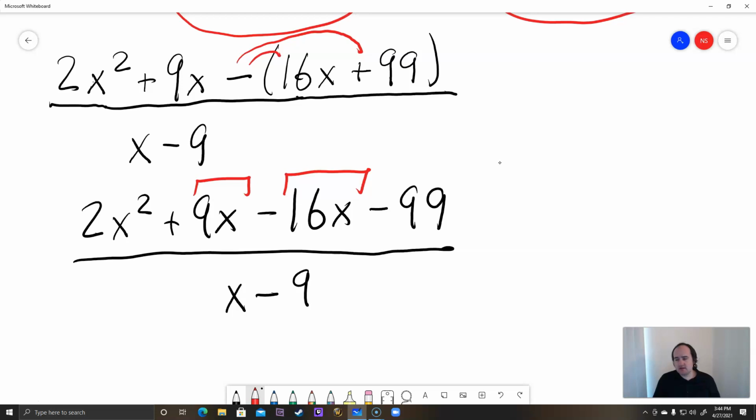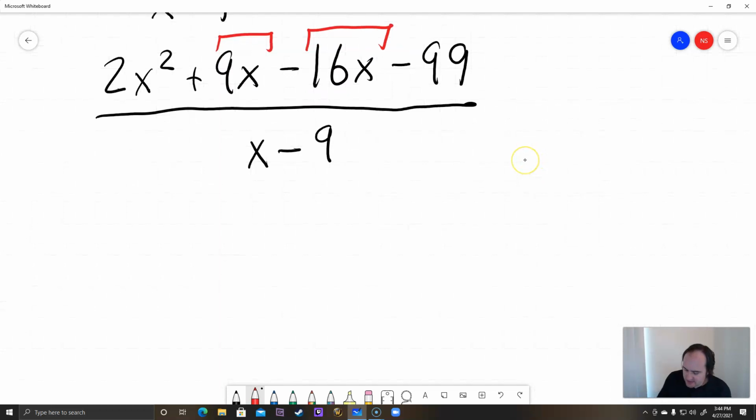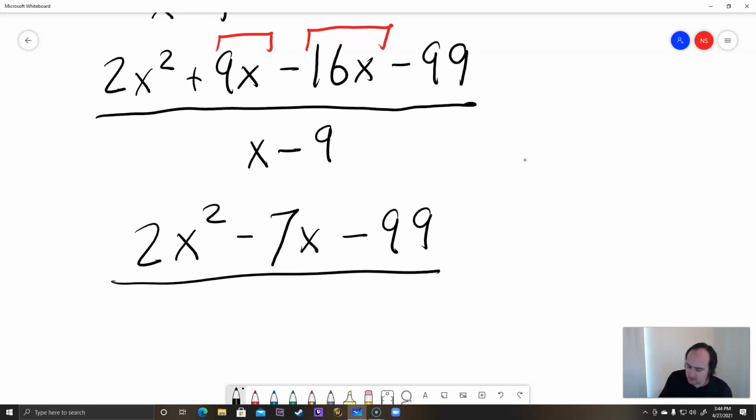So we know that 16 minus 9 is 7, but because the larger number is negative, it's actually going to be negative 7x. So we're going to have 2x squared minus 7x minus 99 all over x minus 9.